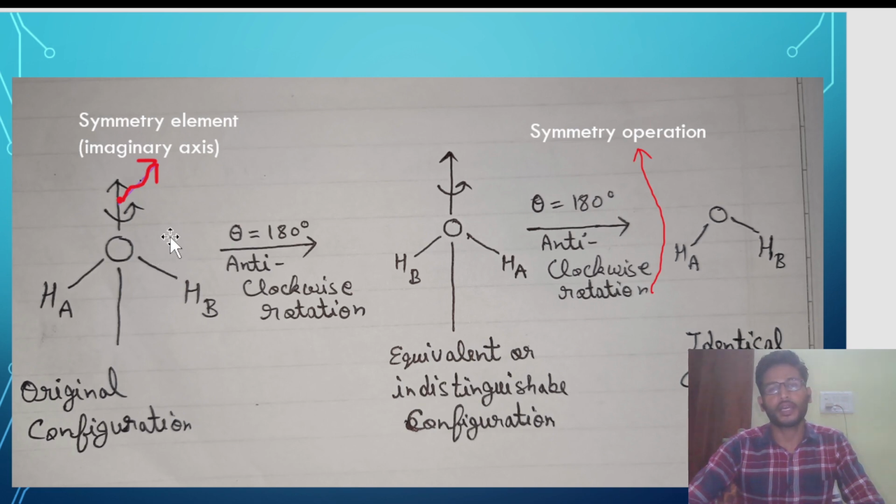Around this imaginary axis we perform a symmetry operation, that is rotation. When we perform a rotation of 180 degrees around this imaginary axis, we convert the original configuration into an equivalent or indistinguishable configuration. And when we perform this operation a second time, we get the identical configuration.